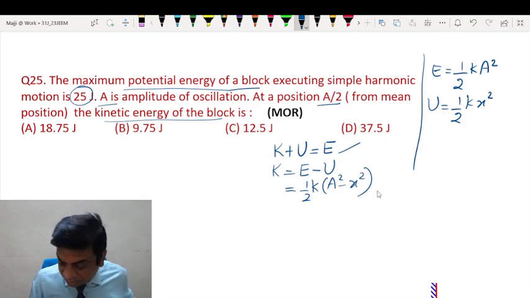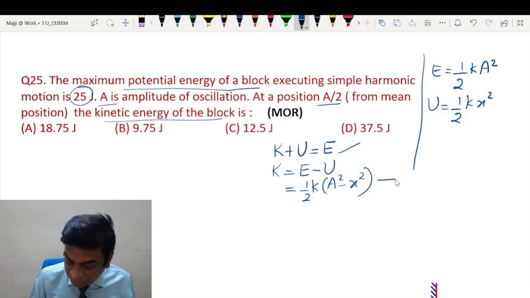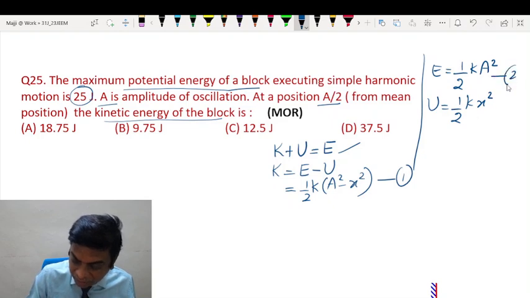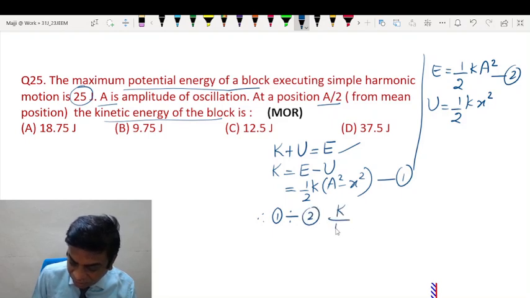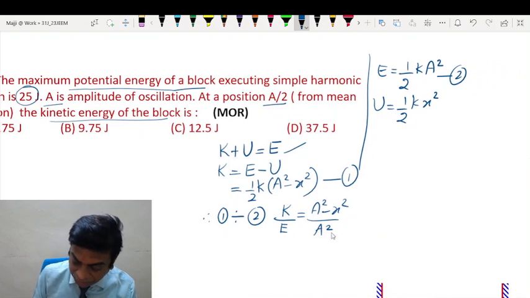So we have to find this, and we have been given this. Therefore equation 1 divided by 2 will give you KE/E = (A^2 - x^2)/A^2.